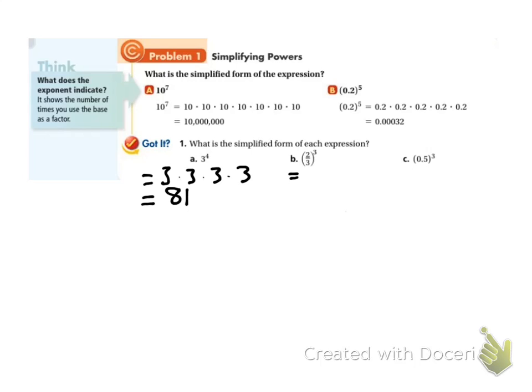This is the same thing as 2/3 times 2/3 times 2/3, which is about 0.296. And in part C, we have 0.5 to the 3rd power, which is equal to 0.5 times 0.5 times 0.5, which is equal to 0.125.